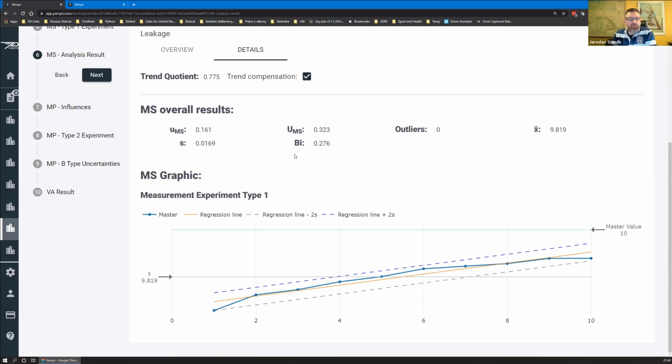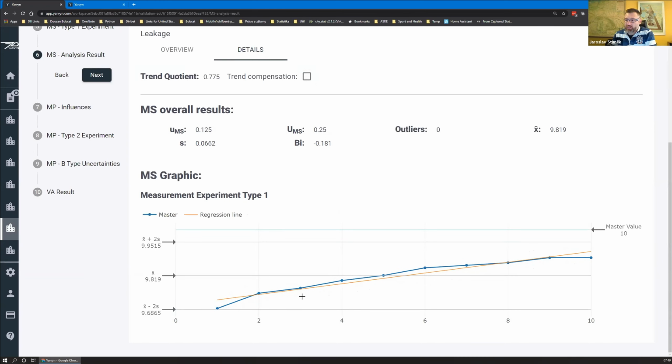I would suggest to always go with the more conservative case, which in this example is to compensate for the trend. And the reason is that the master value is actually quite high, higher than the starting point of the master measurement.